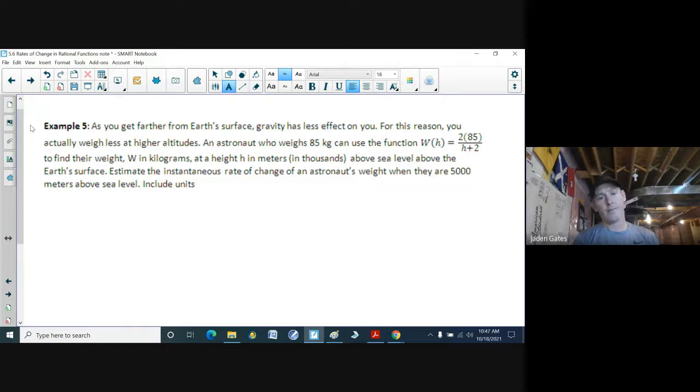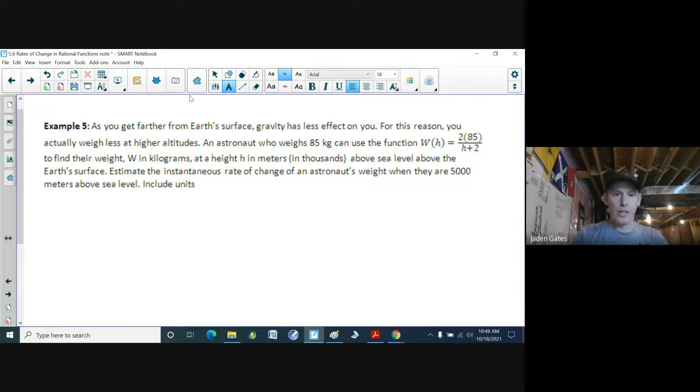An astronaut who weighs 85 kilograms can use the function W, the weight function, equal to 2 times 85 divided by h plus 2 to find their weight in kilograms at height h in meters in thousands.